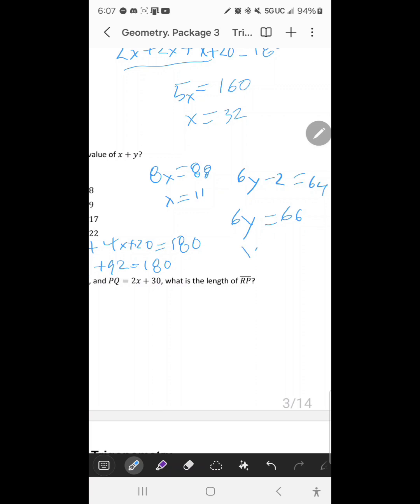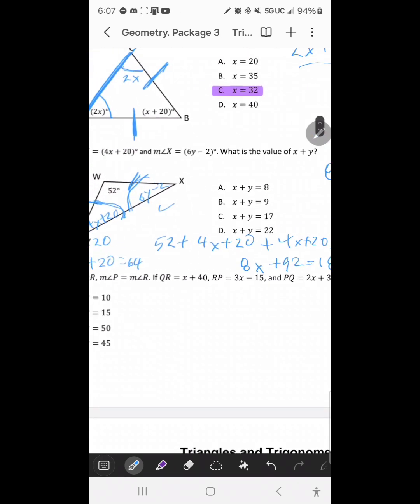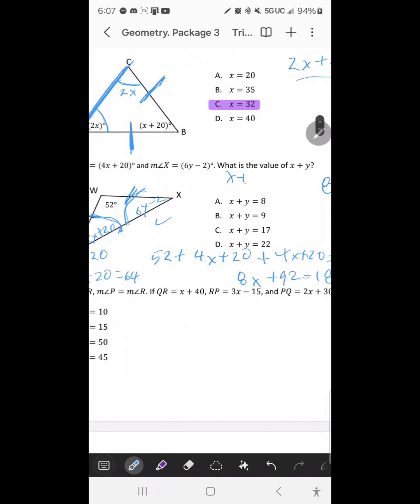And now I divide by 6 and I get that y equals 11 as well. So I'm going to say x plus y is going to be 11 plus 11, and this is going to be 22, which is option D. That's the answer.